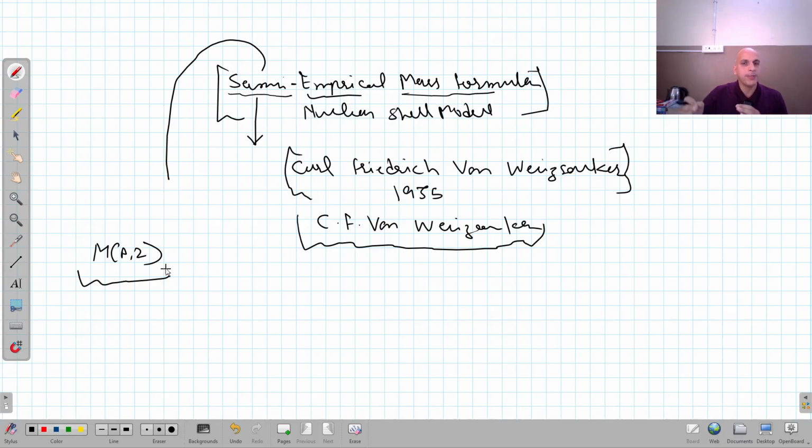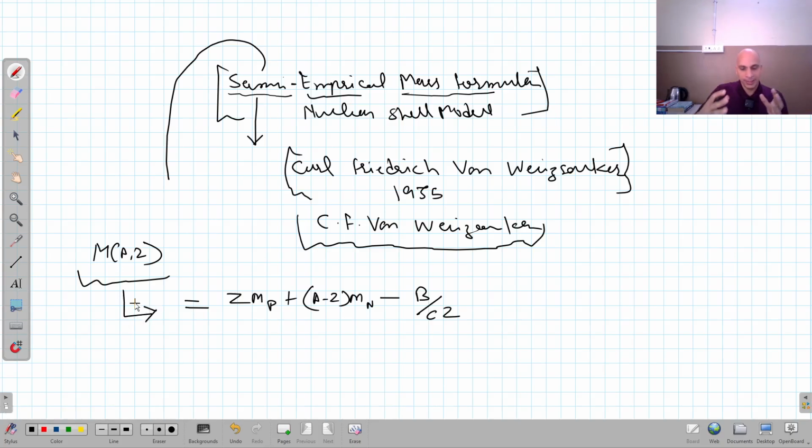It expresses the mass of the nucleus in terms of the mass of proton, the mass of neutron, and binding energy. We know very well that the mass of the atomic nucleus can be expressed as the sum of the masses of individual protons, Z times mass of proton, plus (A minus Z) times mass of neutron, minus binding energy divided by c square. This is the mass of the atomic nucleus.